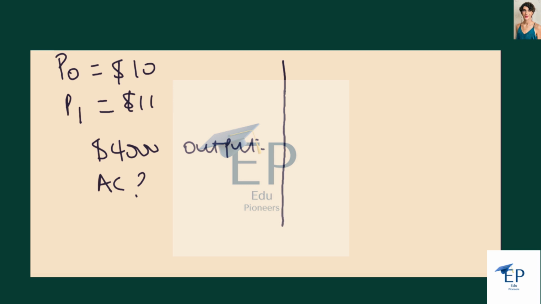So it should look like this. And we have P0, and then we have P1. So this is the cost, the price. So this side is the price and this side is the output.